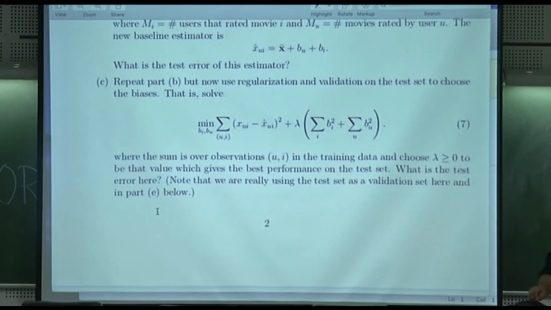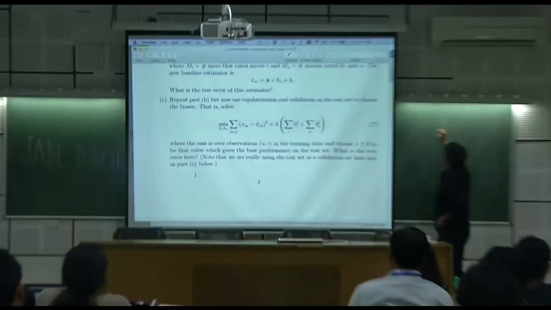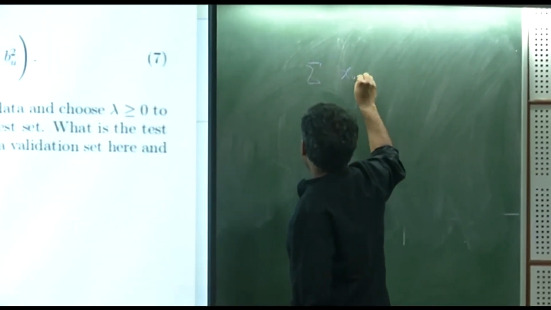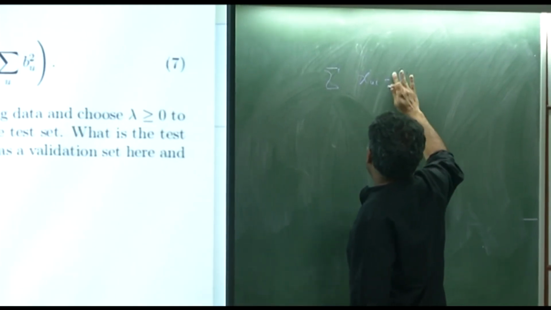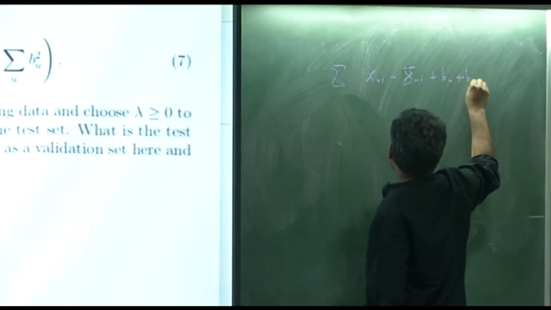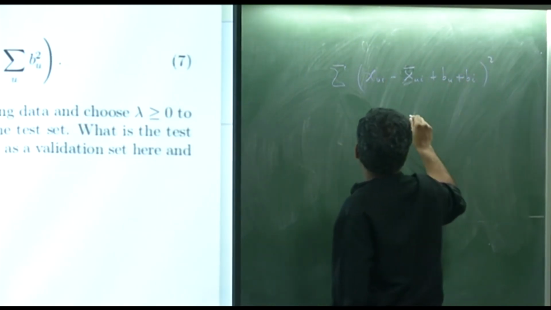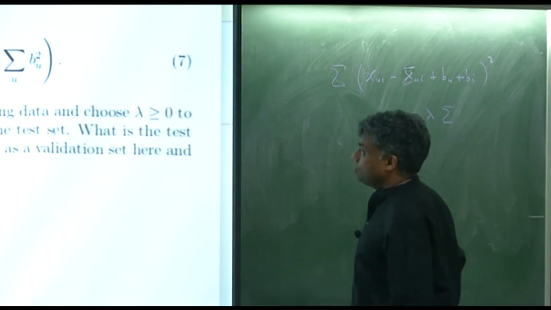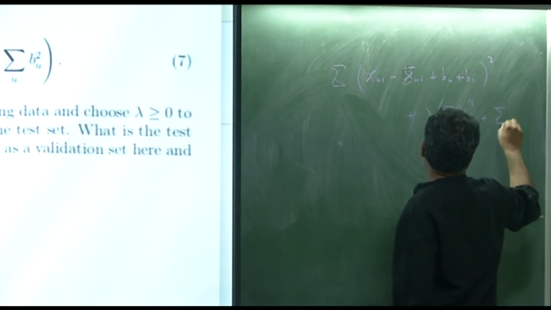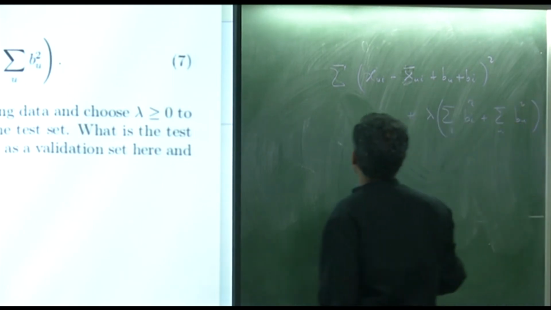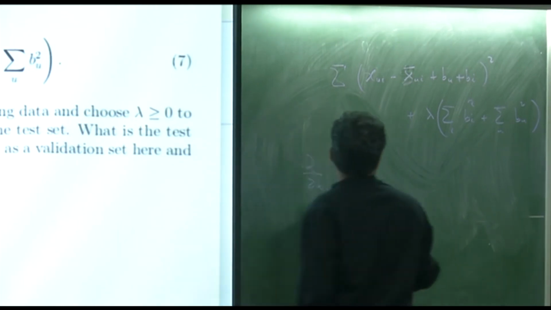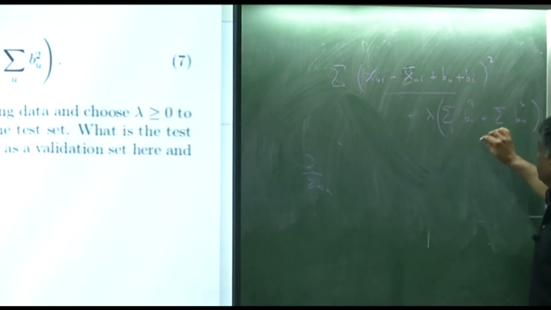What we have is the first term is basically the summation of x ui minus x bar ui plus bu plus bi, the whole thing squared. And then you have lambda times the summation over I of bi squared plus the summation over u of bu squared. So if you take the derivative and set it equal to 0 with respect to bu, you will get a linear term from here, you will get a linear term from there.